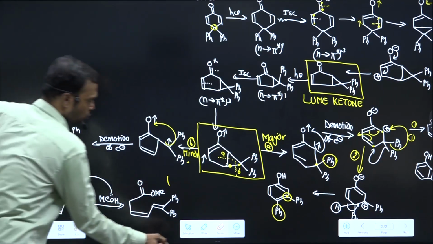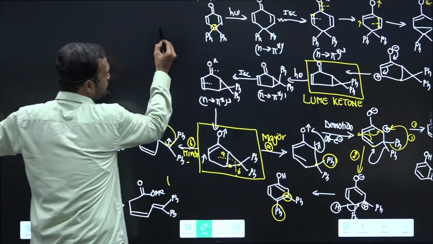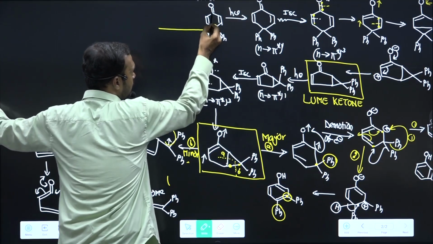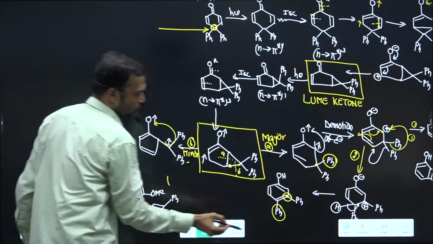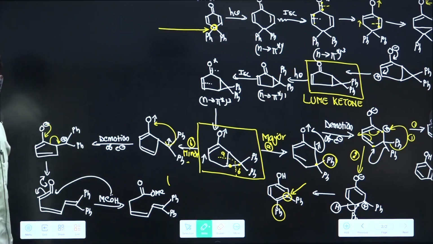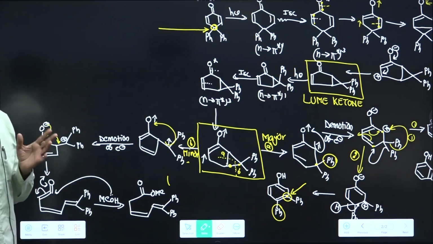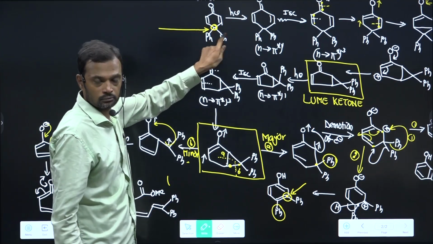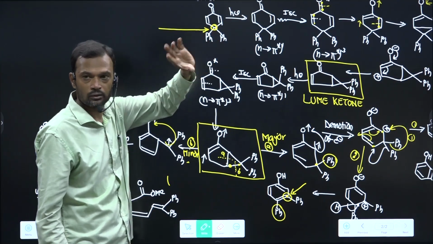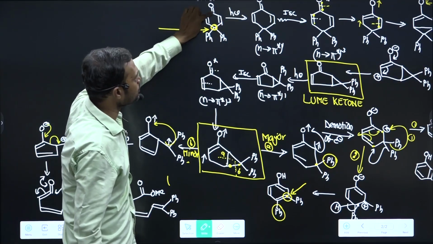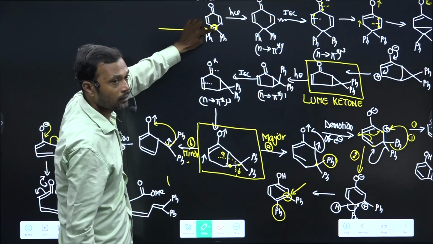So for the problem with these 2 points, you focus on this point. Now this point is exactly opposite to the carbon. It looks like para. Now that carbon changes to which position? Meta. Initially it is not para, because only if it is an aromatic ring can we say it is para. But casually I am saying para so that you can identify the position. See, this position is exactly opposite to this or not? It looks like para.